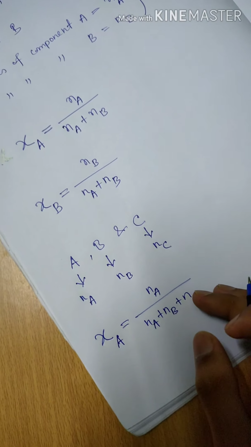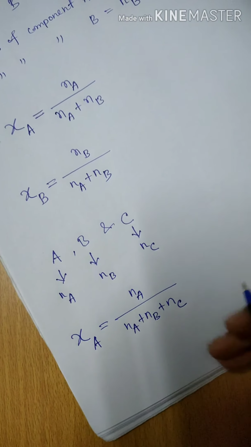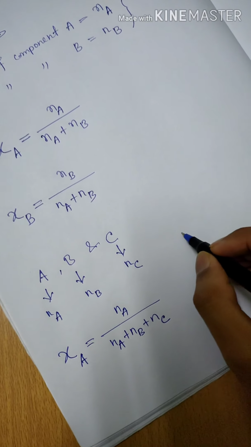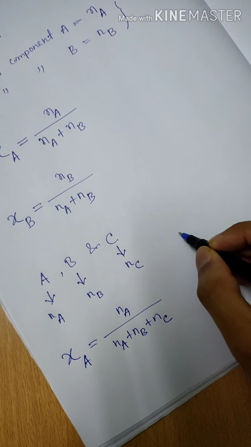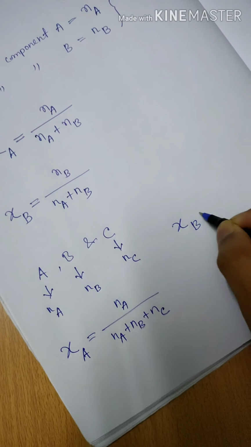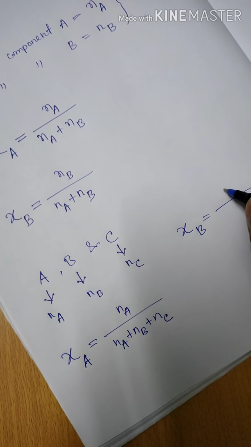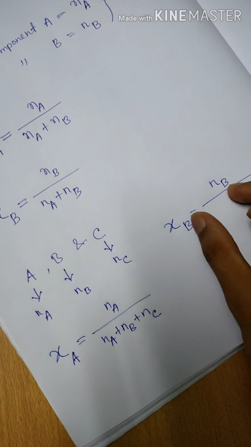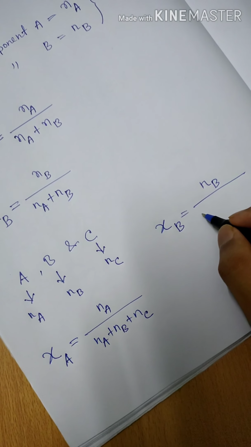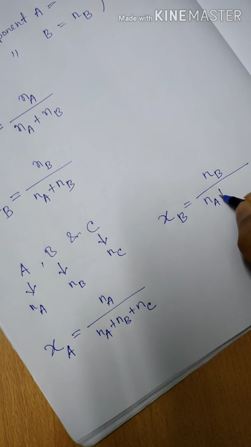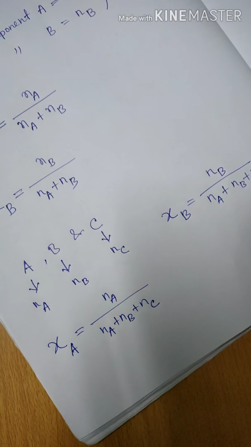Similarly, if we are asked to find the mole fraction of component B, denoted by xi B, we write Nb in the numerator, because we are finding the mole fraction of component B. In the denominator we write the total number of moles of all components, Na plus Nb plus Nc.